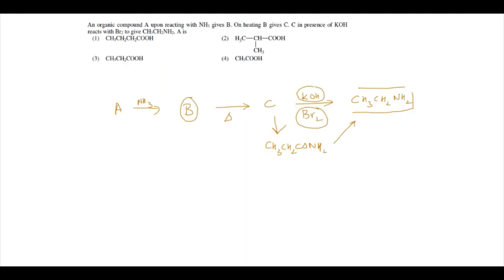Now what is B? An amide will be formed from a salt of acid and amine. So the salt of acid CH3CH2COOH and amine, here the amine is ammonia. So this salt on heating will form the amide CH3CH2CONH2.